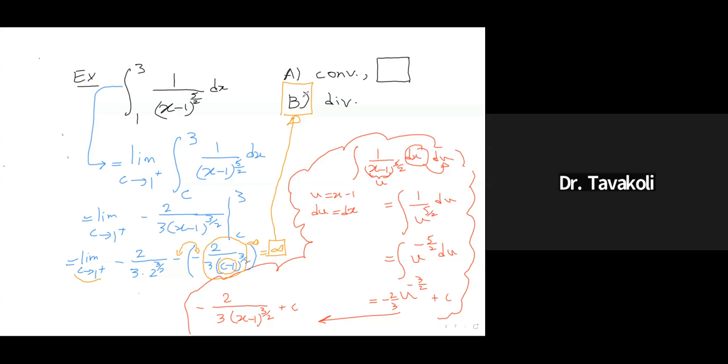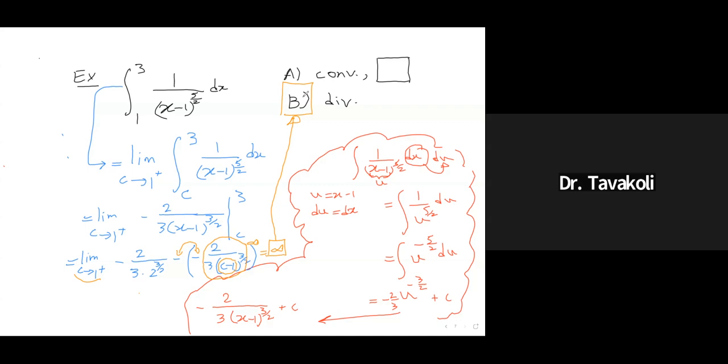You have seen this kind of limit in calculus 1 in the discussion of infinite limits, when the variable tends to some number and the whole thing tends to infinity or minus infinity. This is similar to that. So here c tends to 1, so c minus 1 tends to 0.